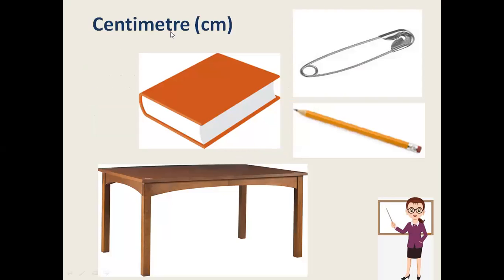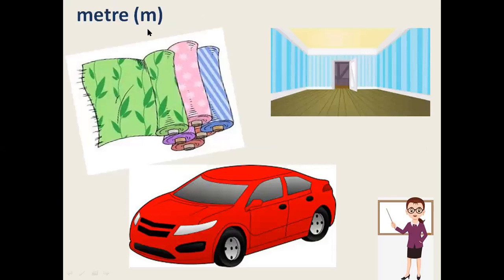In centimeter, we can find out the length of small objects like pen, pencil, book, and even the height of a table. In meter, we can find out the length of cloth, even the length of a room, the length of a car.